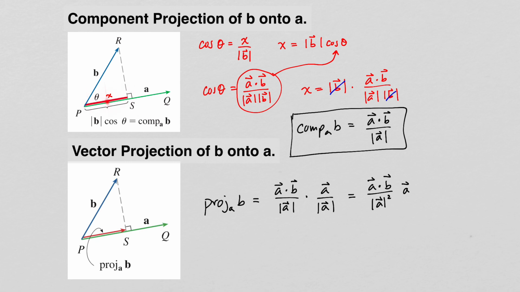That's where we're just looking for the length of this thing. And then we have the vector projection of B onto A.